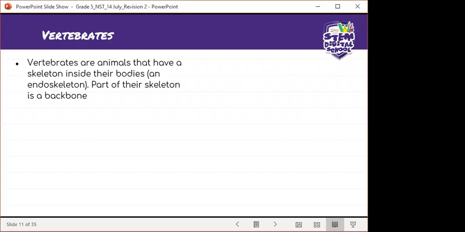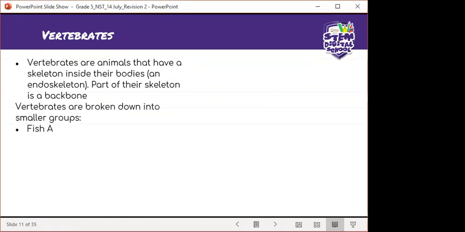So vertebrates, guys, these are animals that have a skeleton inside their bodies, and this is what we call an endoskeleton. Part of their skeleton is a backbone. Vertebrates are broken down into smaller groups.